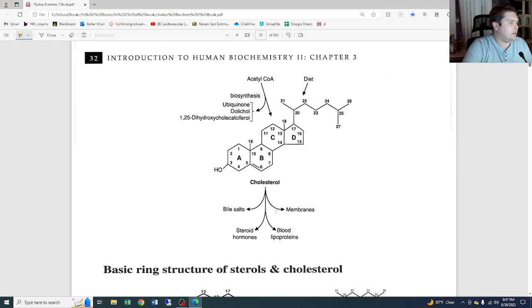Okay, so we have the structure of cholesterol. We can see it's a multi-ring structure coming from the diet as well as the biosynthesis. You can have the biosynthesis of it, just like we talked about in the previous chapter. Acetyl-CoAs being put together to eventually form a chain long enough, and the chain forms the specific rings and gives us cholesterol.